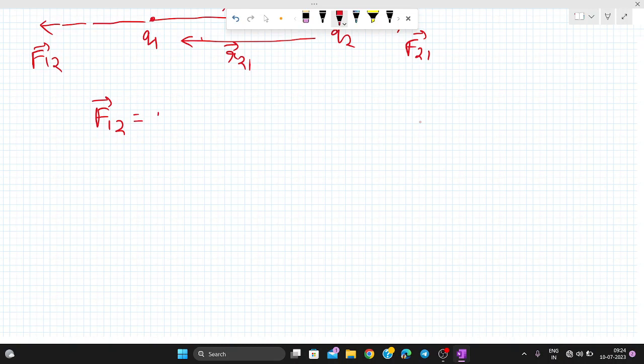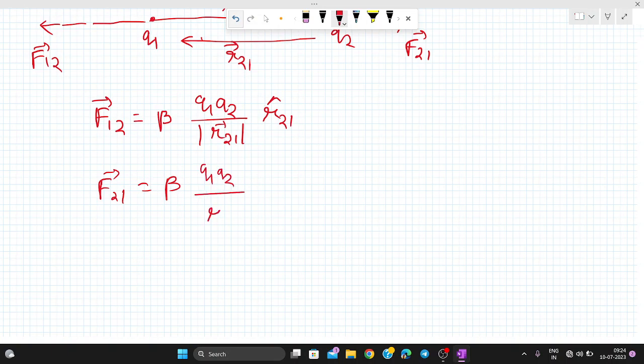Let's suppose 1 by 4 pi epsilon, I have taken beta, Q1 Q2 divided by R12 squared, this is the force acting on charge Q1 due to charge Q2. So from Q2, I have position vector R21, not R12. So I will have to write here position vector R21, remember this, a little change, and R21 cap. And what is the expression for F21? Beta Q1 Q2 divided by R12 squared, R12 cap, the direction vector.